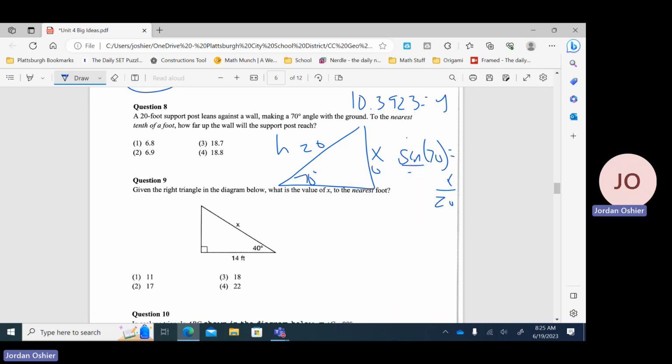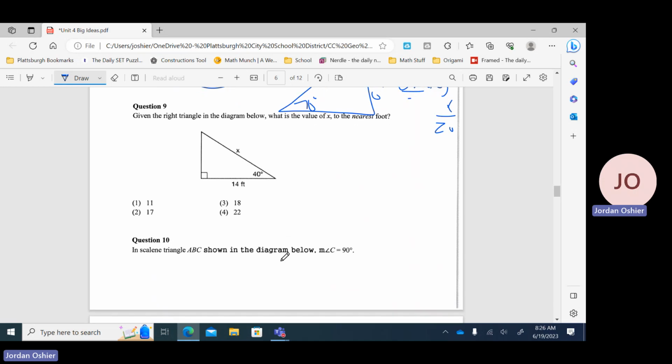That's why I picked sine. And you would cross multiply and get whatever this value ends up being. Sine of 70 times 20 is 18.79. So 18.8 would be the appropriate rounding for that one.